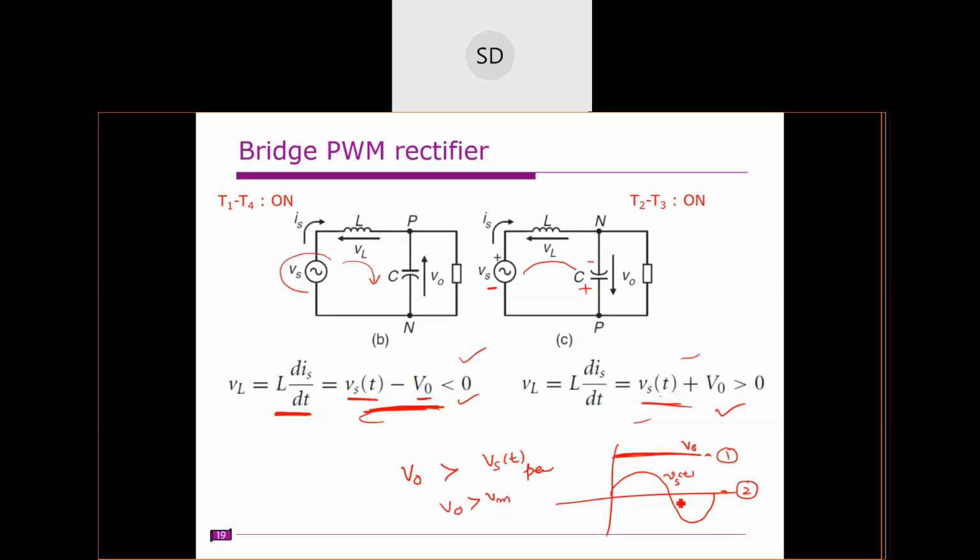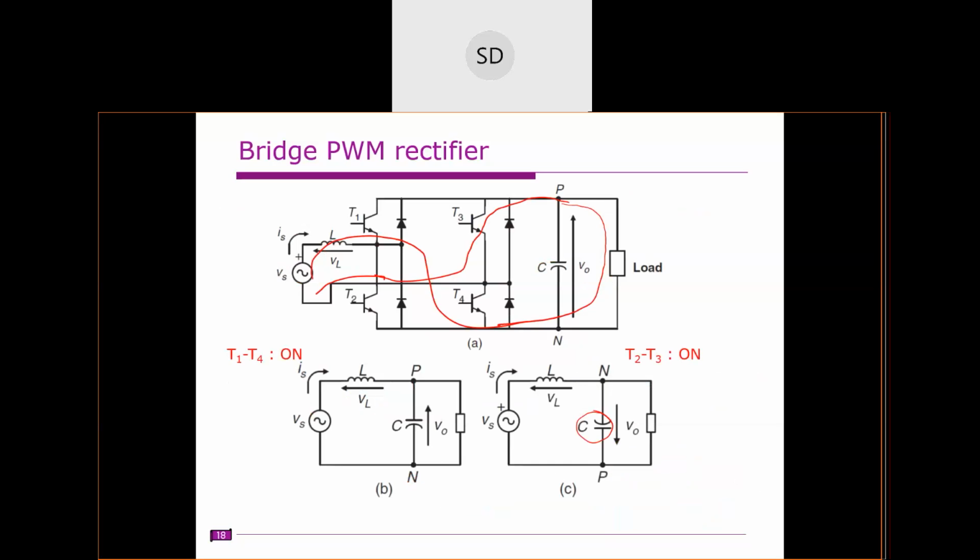Similarly, if you subtract 2 minus 1, that is always negative. So here also the output voltage must be greater than Vm, the peak value of supply voltage. Then only you can get the source current sinusoidal, or we can control the current and make the output voltage constant.